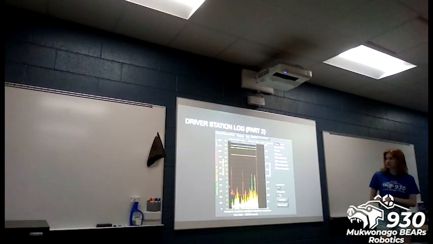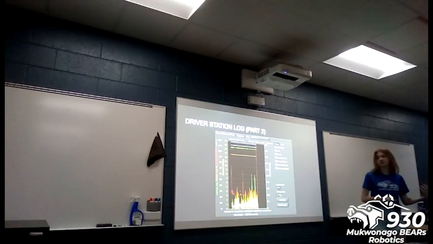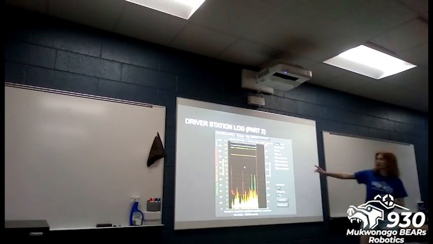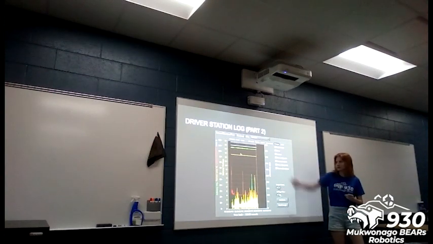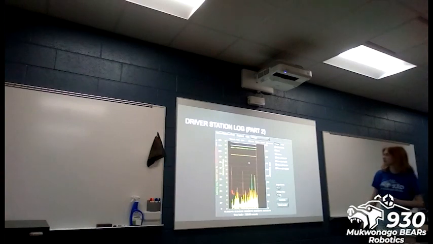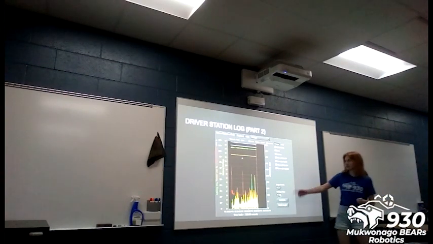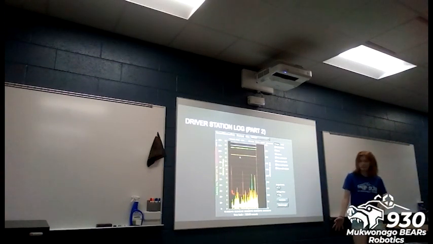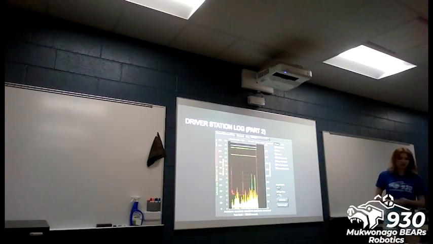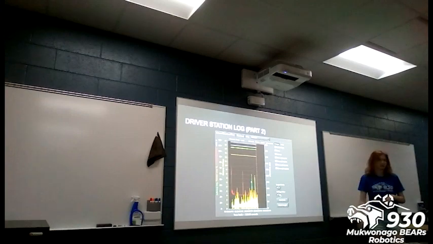The RoboRio CPU is how much processing power the RoboRio is using. The yellow line between 12 and 13 is the battery voltage, and you can't see it in this graph, but there is a CAN percentage, which is how much of the CAN bus is being used.